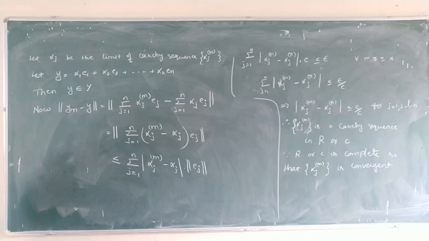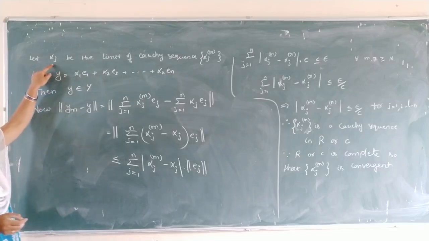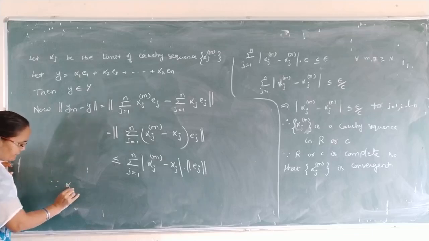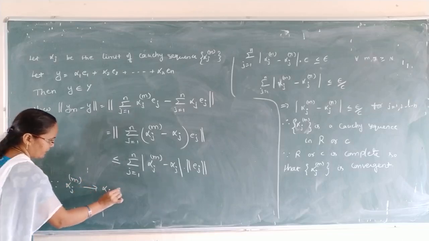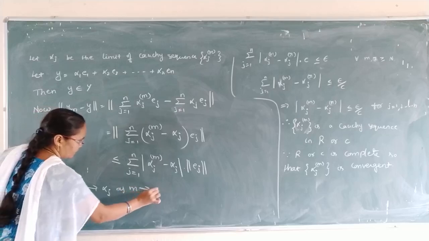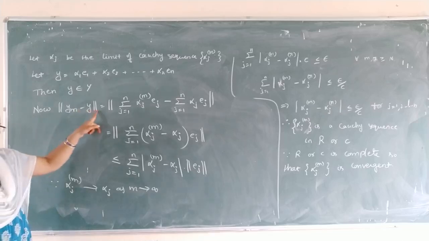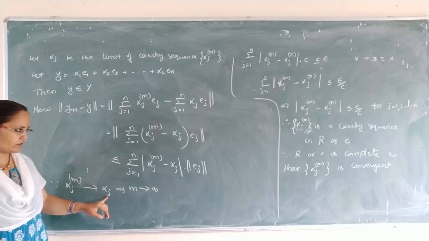Next line is, from the above line, alpha jm tends to alpha j. So write the next line: since alpha jm tends to alpha j as m tends to infinity. Now if we substitute this value in the above lines, then the above line becomes norm ym minus y tends to, in place of alpha j, what do we substitute?